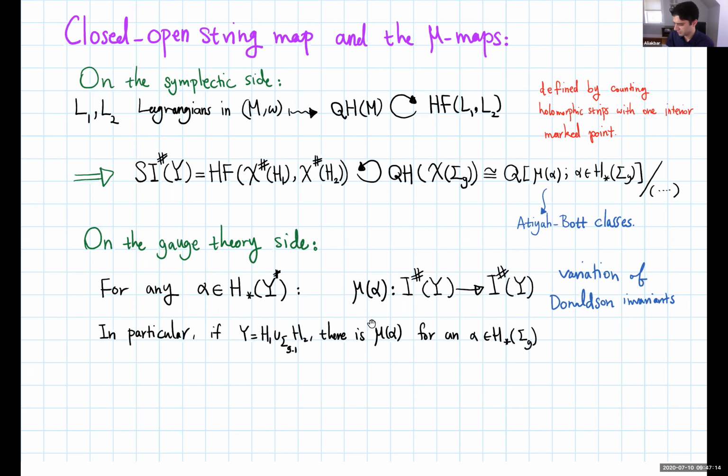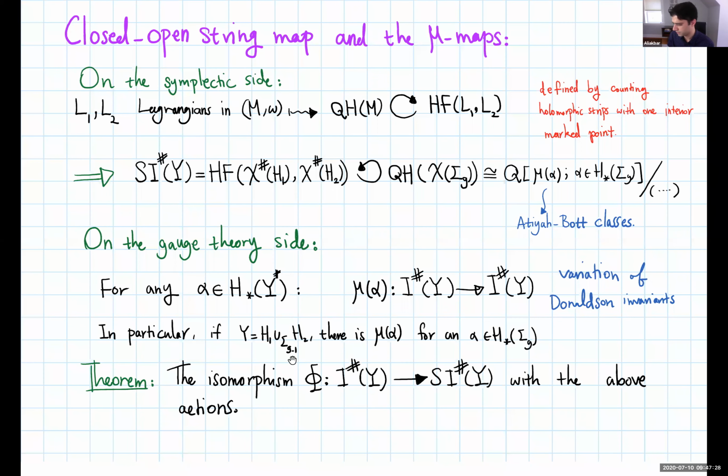And remember that when we look at symplectic instanton homology, we already fixed some Heegaard splitting. So in particular, you can look at elements which are coming from sigma g coming from this Heegaard splitting. And the theorem that we have here is that this isomorphism phi from framed Floer homology to symplectic framed Floer homology is compatible with the action of the quantum homology on this side.